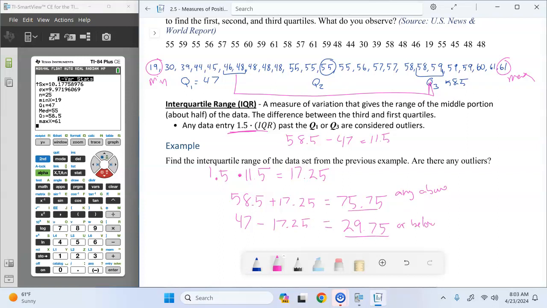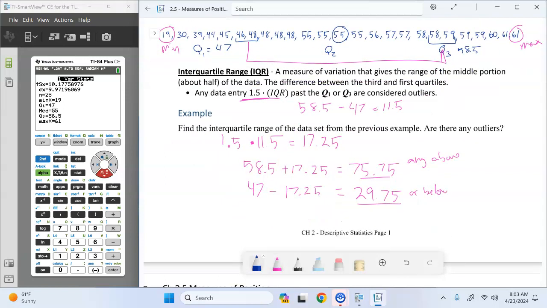Do I have anything below 29.75? Yeah, our 19. 19 is going to be considered an outlier because it is below this limit. 19 is an outlier because it is below that 1.5 interquartile range from the Q1.